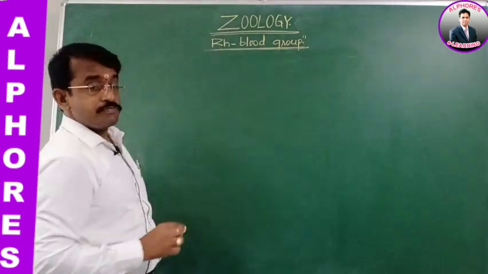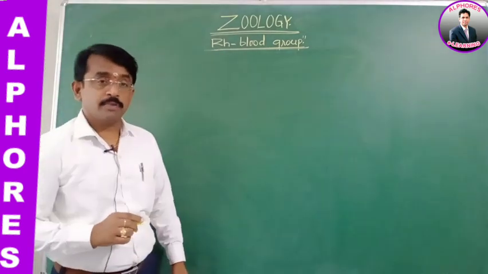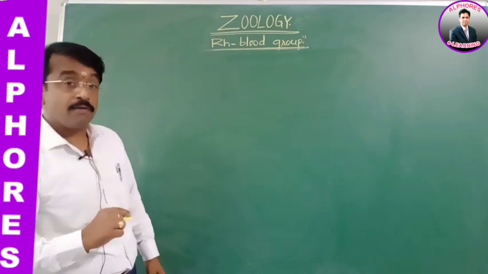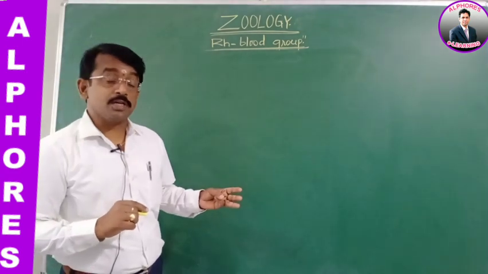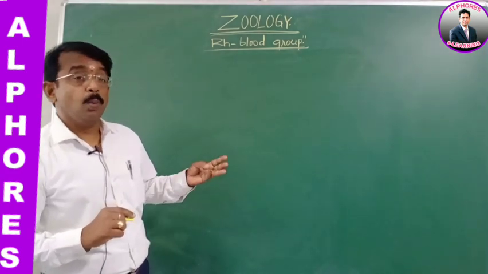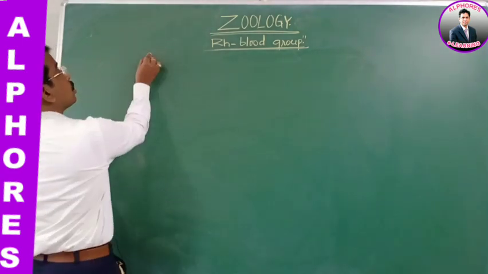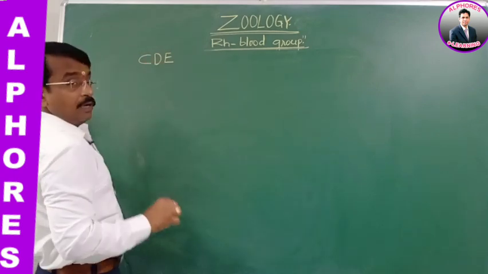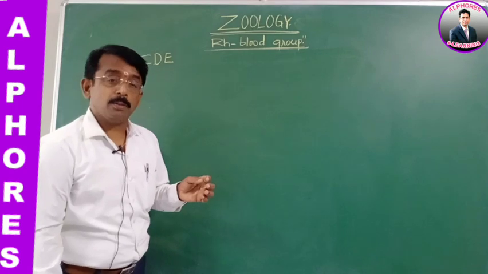According to Fisher and Race nomenclature, a pair of homologous chromosome 1 will have 3 loci in each chromosome. There are 3 loci where the presence of C, D, E alleles is going to play a vital role.